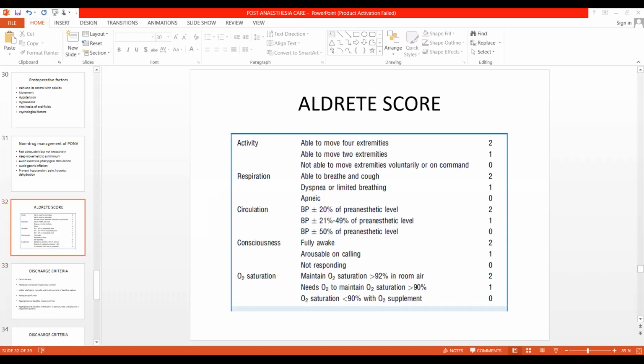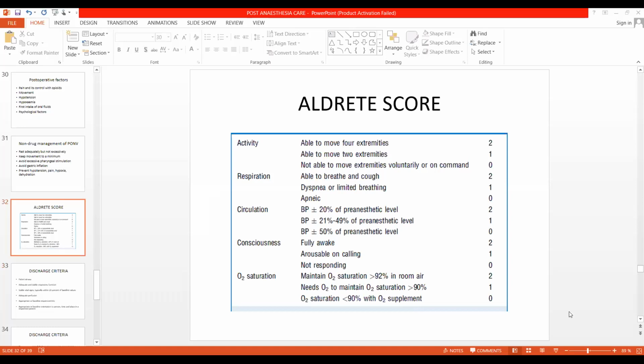Once you have done all these things, you have assessed the patient, you have checked his vitals, you have dealt with all the complications, and he's stable. You have assessed his vitals every 5 minutes, and then every 15 minutes, and then every 30 minutes, and he is stable. That patient is ready to go to the ward.